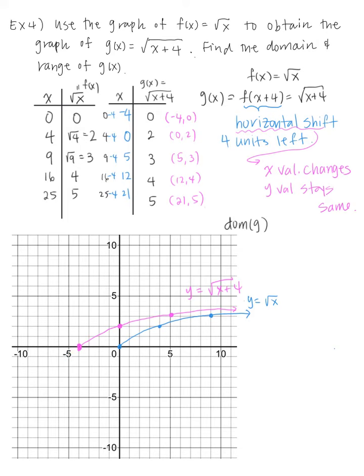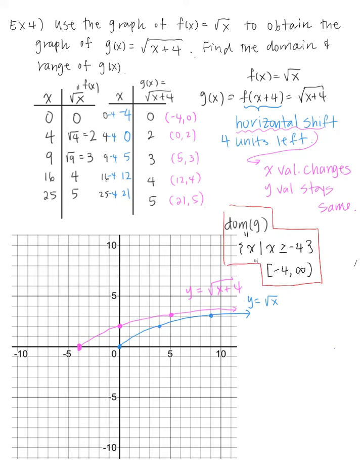So in this case, our domain is going to be the set of x values such that x is greater than or equal to -4. So that's in set builder notation, and the interval notation is closed bracket -4, and where does it go? All the way up to infinity. All right, so that will be the domain.